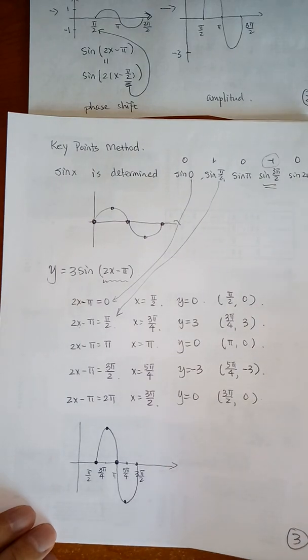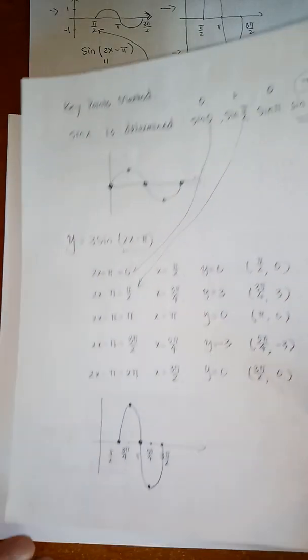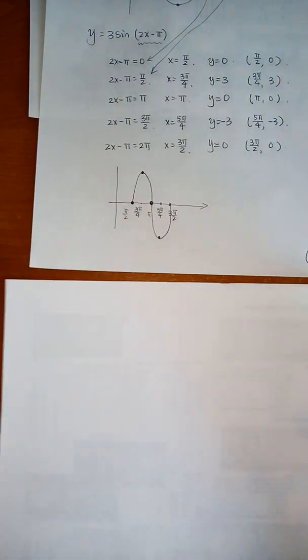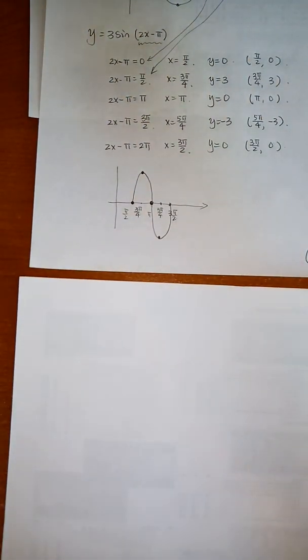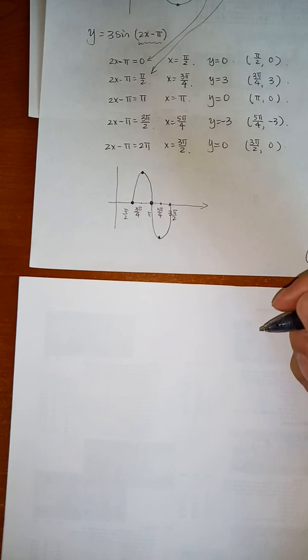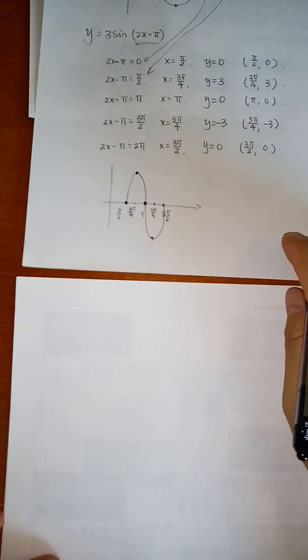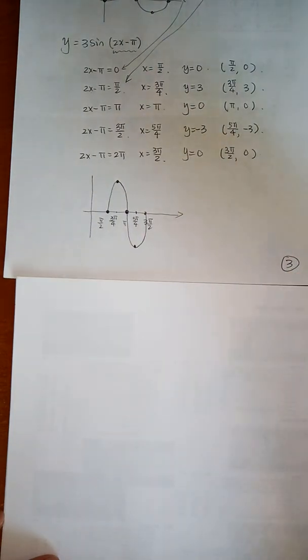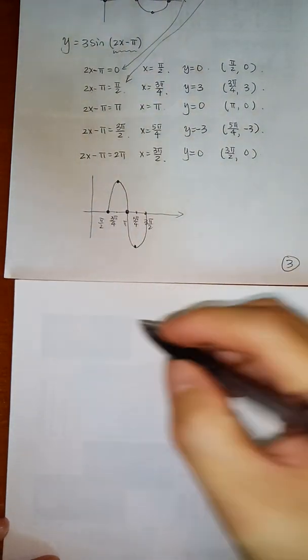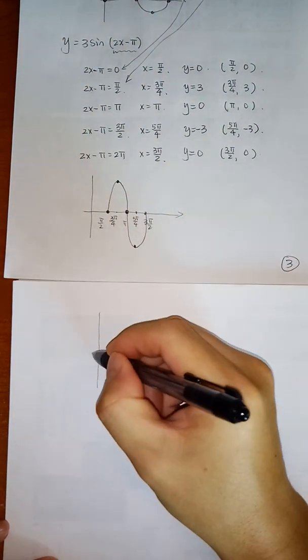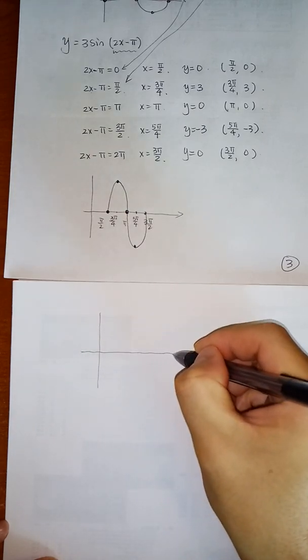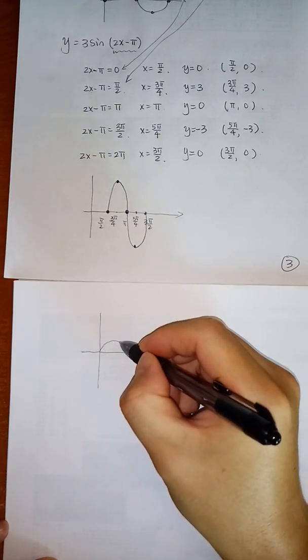Let's check the second example. You can graph sine. You can also graph cosine. Sine and cosine have no serious difference except the starting point. Sine is like this.